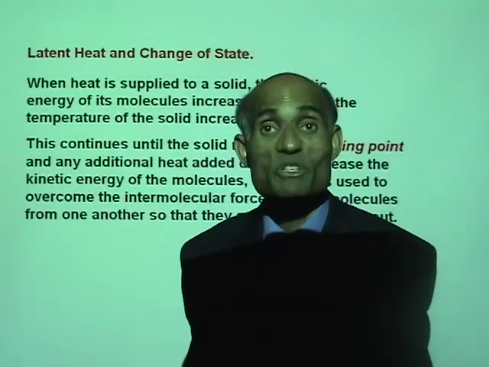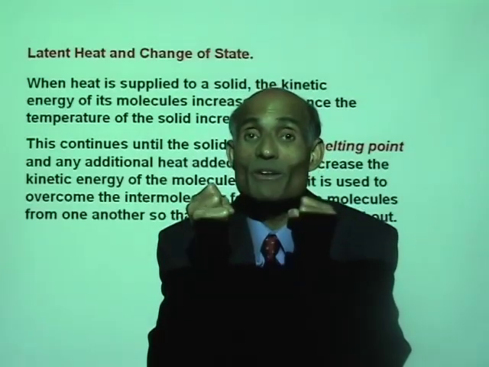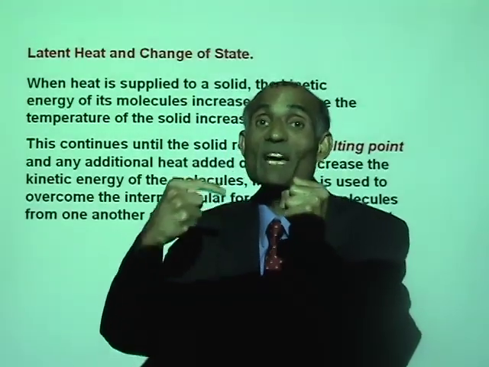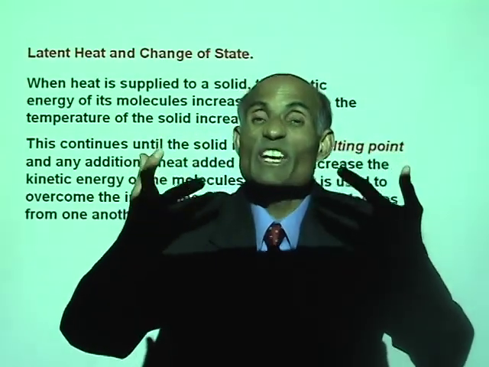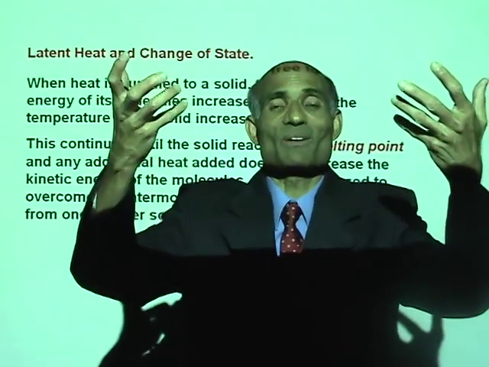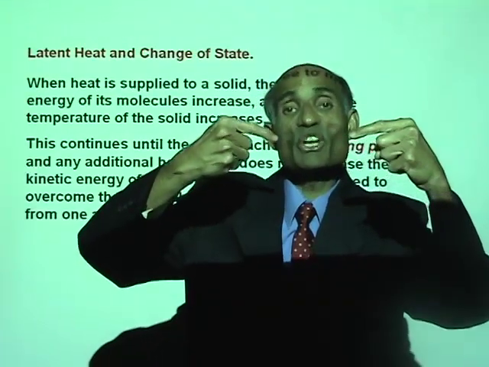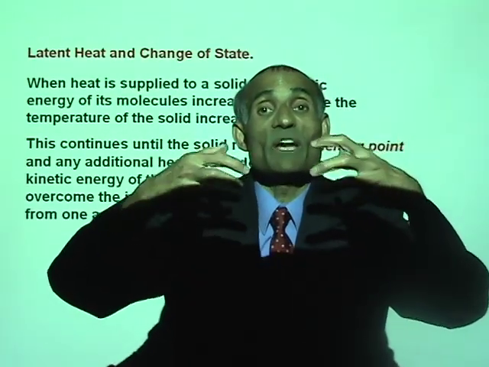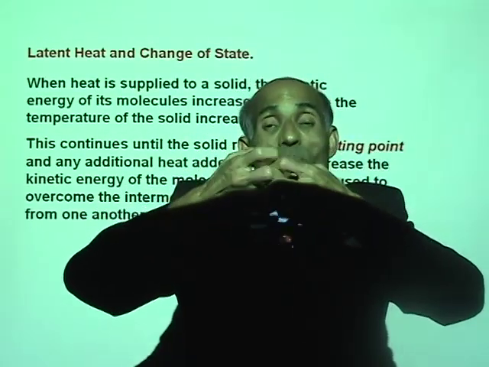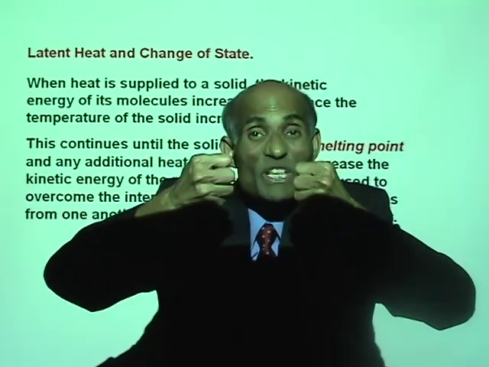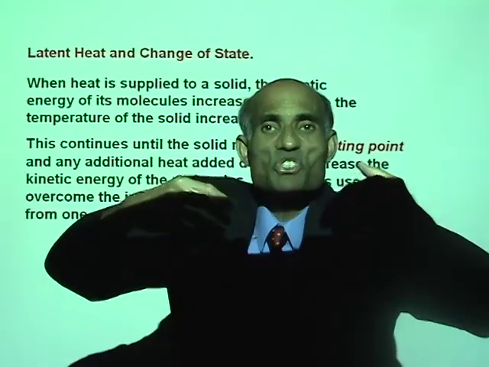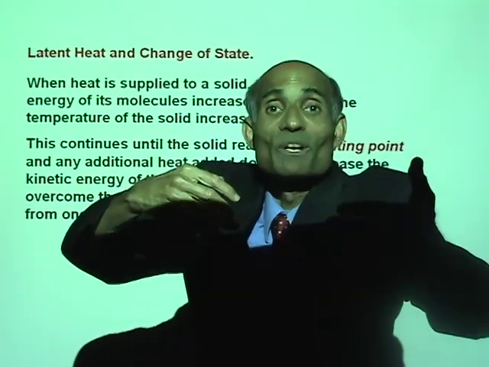Once the temperature reaches its melting point, when you supply additional heat, that additional heat will not increase the temperature of the solid. So what is that additional heat used for now? The additional heat is used in breaking the molecular bonds so that the molecules can free themselves to change into the liquid form. You see that?